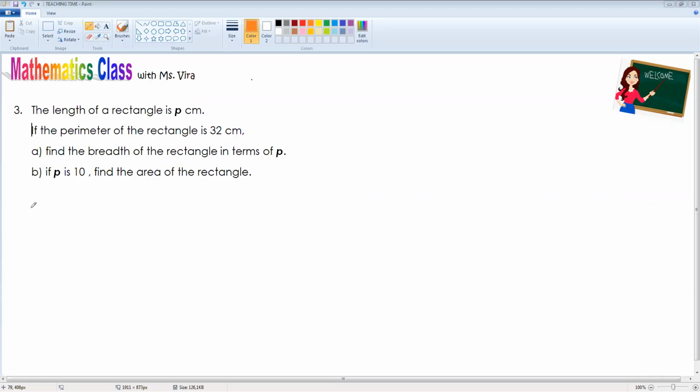So, to answer question A, we know that the perimeter of a rectangle is two sides of the length plus two sides of the breadth.